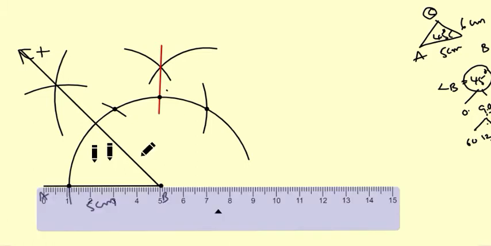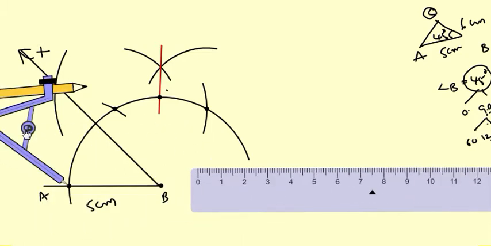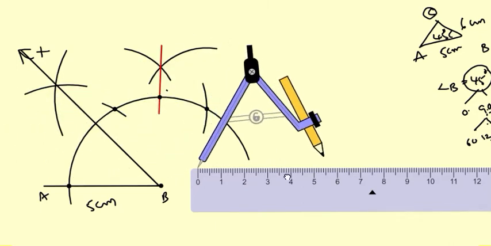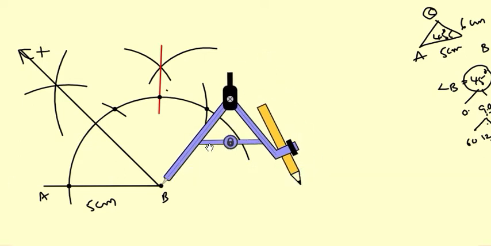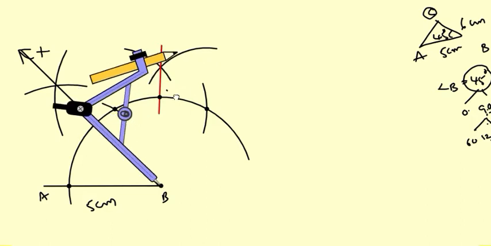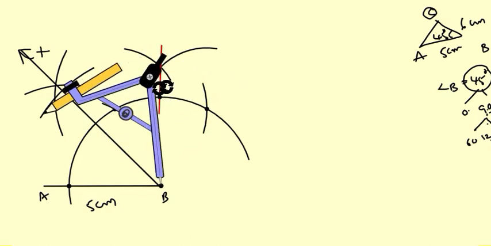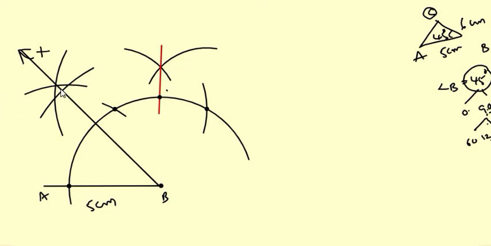So take the compass radius now as 6 centimeter. Now with B as the center, draw another arc which cuts the previous ray BX. Now here we got the exact location of the point C. So this is point C.